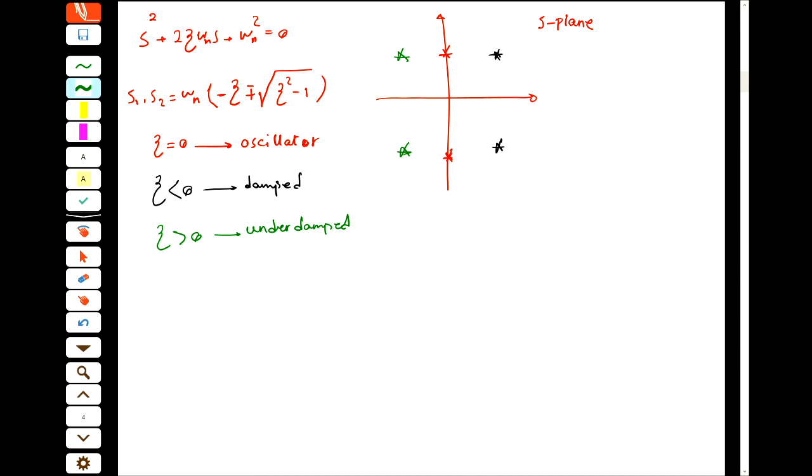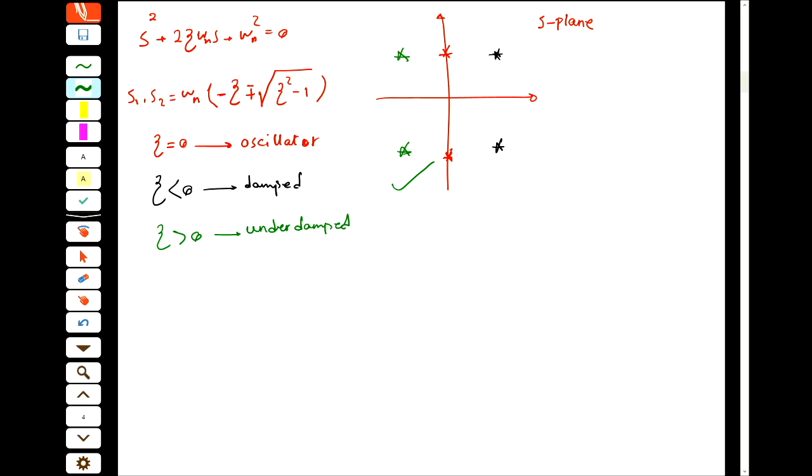So in a control system, if we want to control the system, we should always look at this region. The zeta should be greater than 0, and if zeta equals 0.7, then our system has the best performance in controlling. Okay? Any question on this?